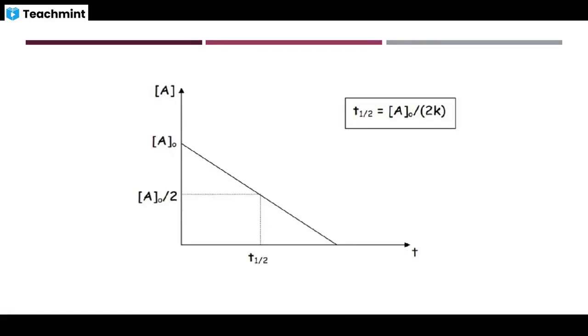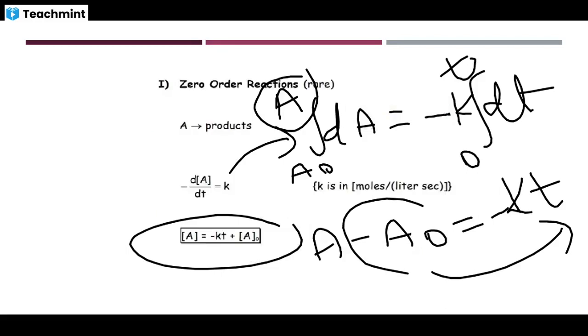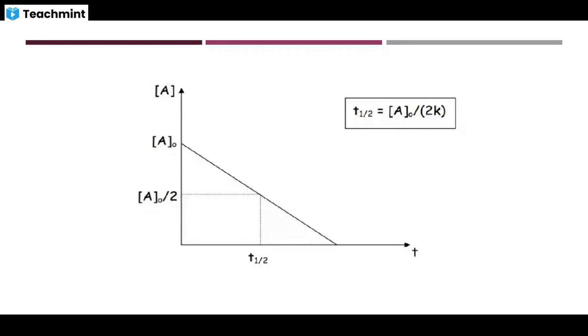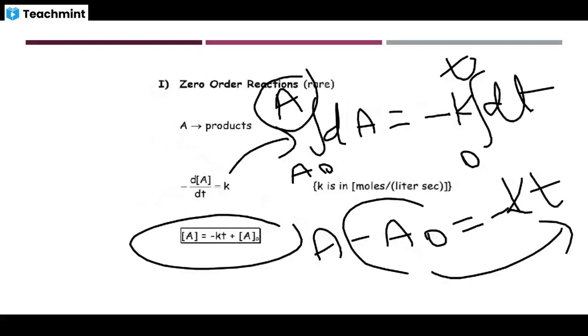If you plot this, it is like the y equal to mx plus c formula. Here the formula is A equal to minus kt plus A naught.